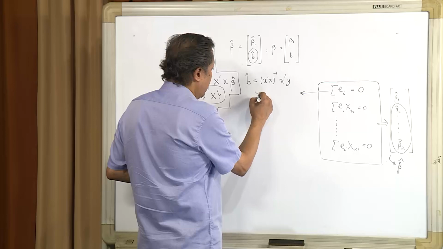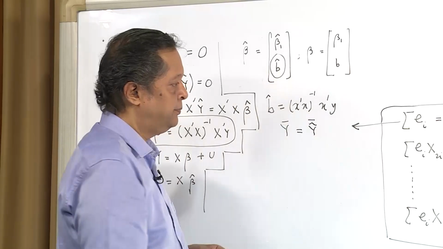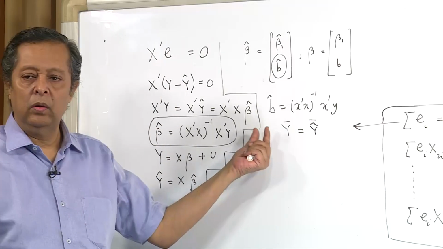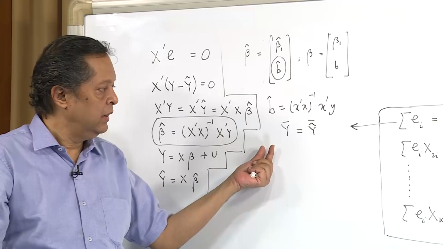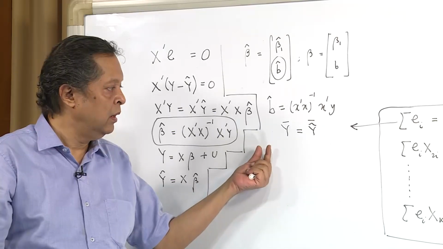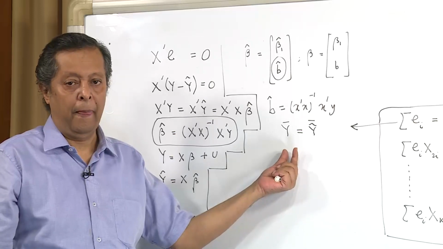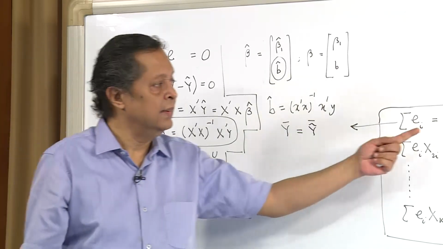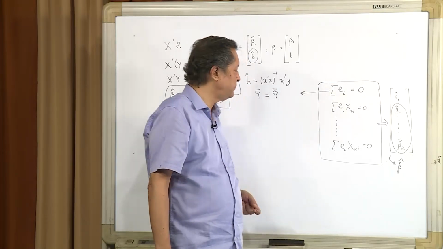So, y bar is equal to y hat bar. The mean of the observed values of y must be equal to the mean of the estimated values of y, and this happens only when there is an intercept, which gives the first normal equation.